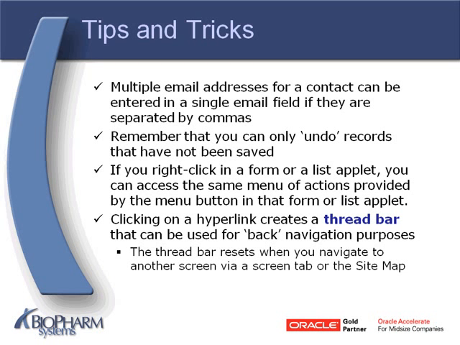Keep in mind that when you drill across screens using record hyperlinks, you remain in the same thread. Therefore, the screen or view you return to will not display all available records, but will instead display the previously selected record set. A thread bar is reset whenever you navigate to another screen using a screen tab or the site map instead of a hyperlink.